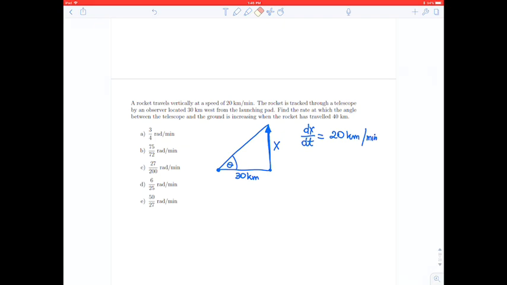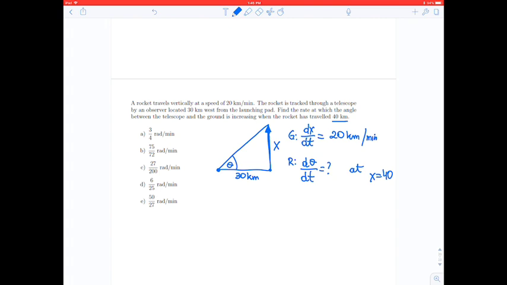That's what we're looking for, the rate of change. This is given. This is required. The rate of change of angle with respect to time at the moment when the rocket travels 40 kilometers. That means when x is actually 40.